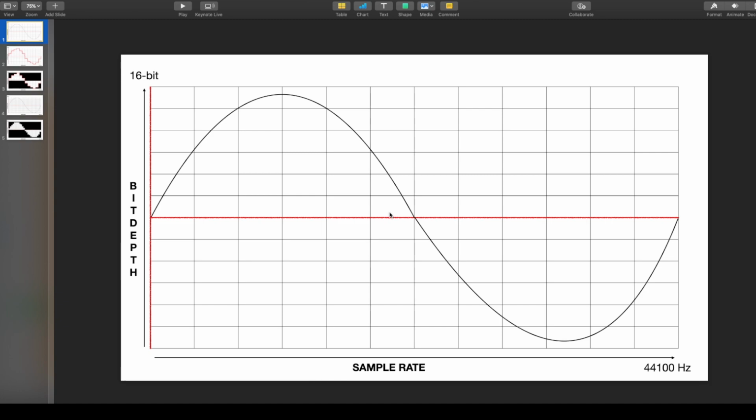So to record 60 hertz, I will need to use a sample rate of 120 hertz. Basically, think of your audio as being divided into small chunks. You can see these vertical lines. I've used these to represent how we would divide the audio signal according to the sample rate.